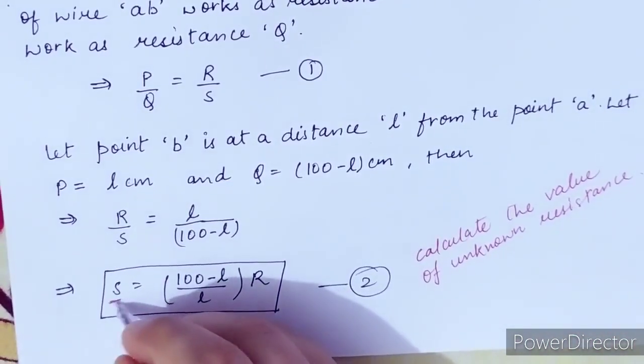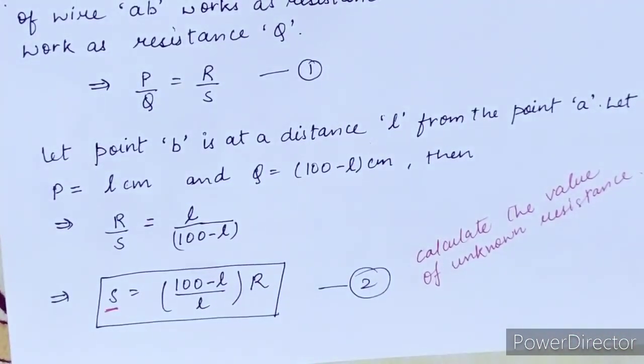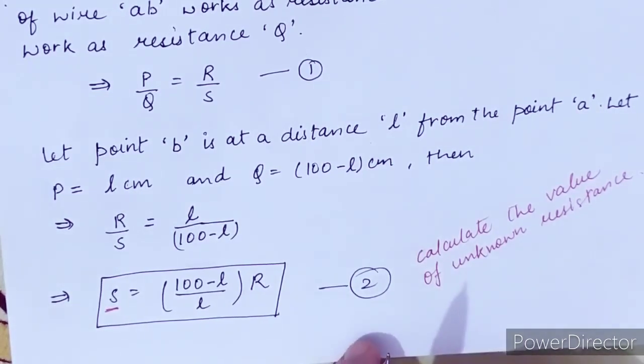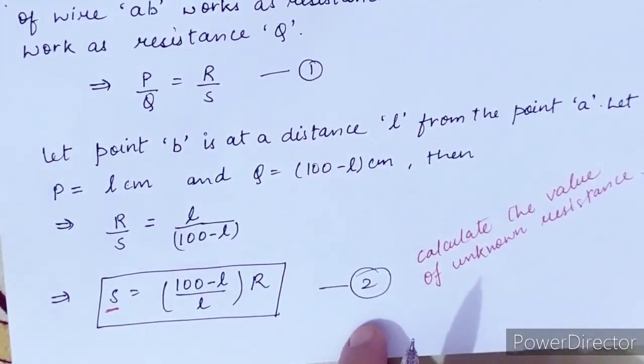Your S is your unknown resistance. I hope you are able to clear this. Now I am just giving you a brief description about this circuit diagram again.